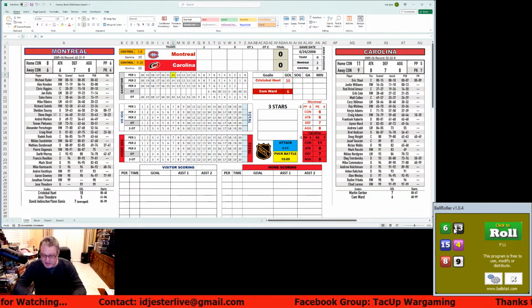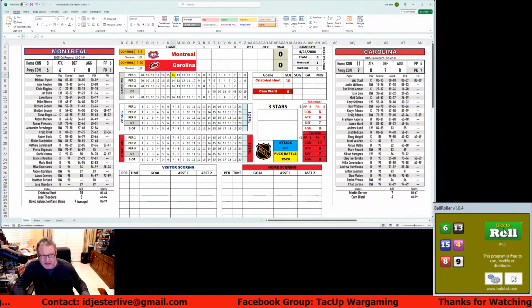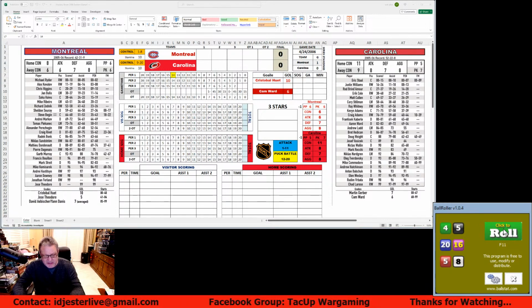We're going to go to the enforcer table. I need to roll a 6-sided dice, so I'm going to hit roll again to find out. And we rolled a 4. So that is visitor presence. Is there an enforcer on the visitors? With Montreal, there is not an enforcer.